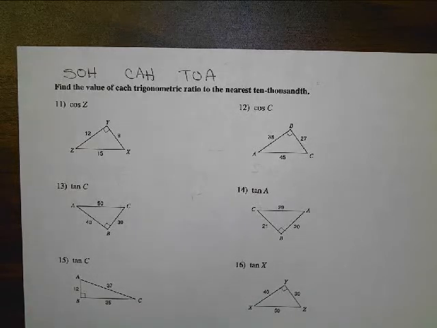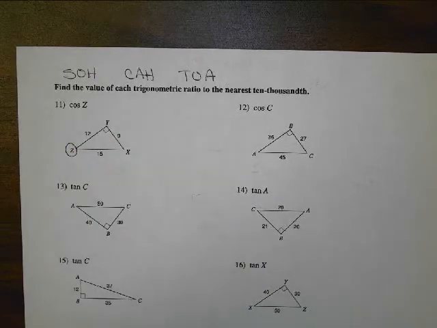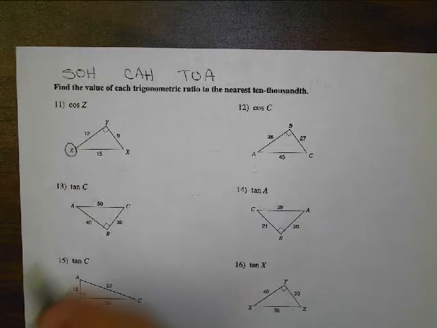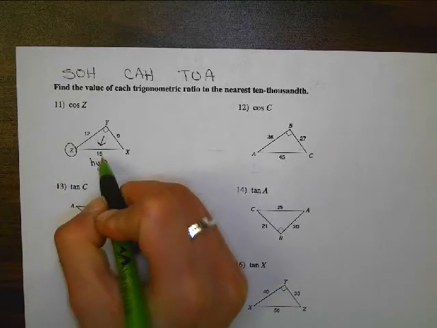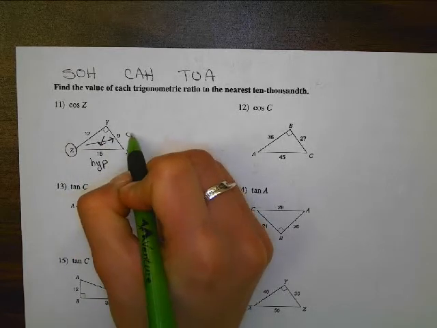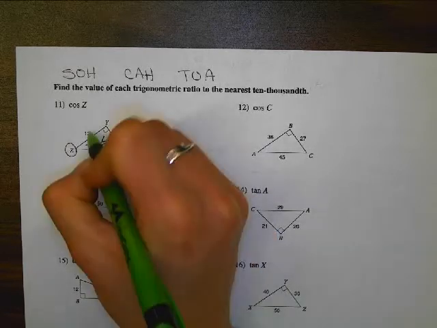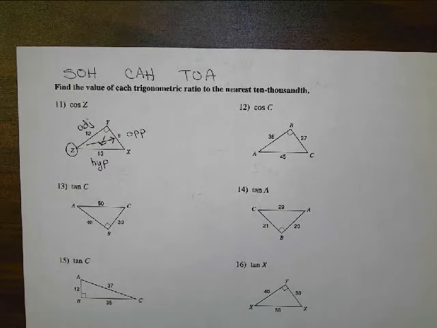So if I look at these ones here, this first one, we want the cosine of Z. So Z is my angle, but again, my triangle doesn't look like the normal one that we had. So remember, across from the 90-degree angle is your hypotenuse. Since Z is my angle, the opposite side of Z here is the 9, and then this side right here is the adjacent side with the 12.